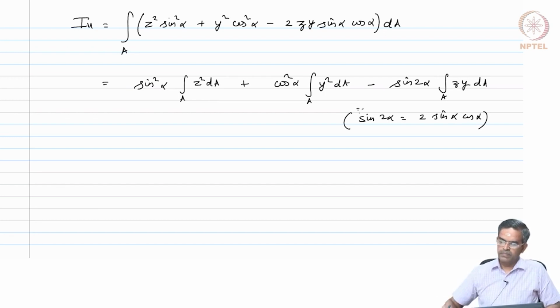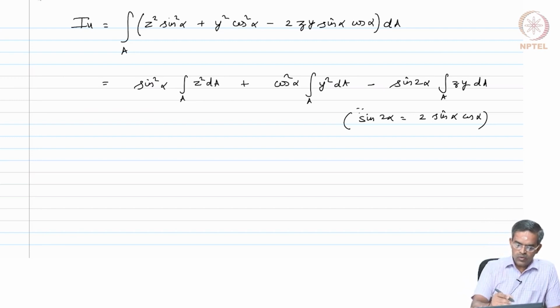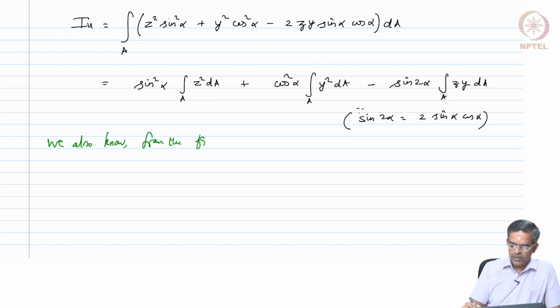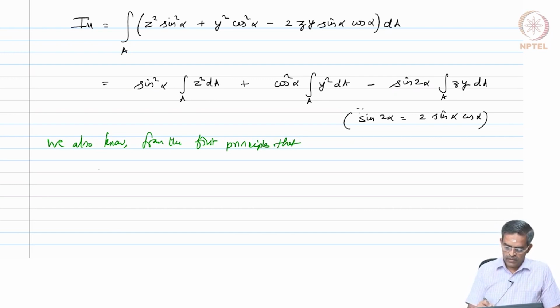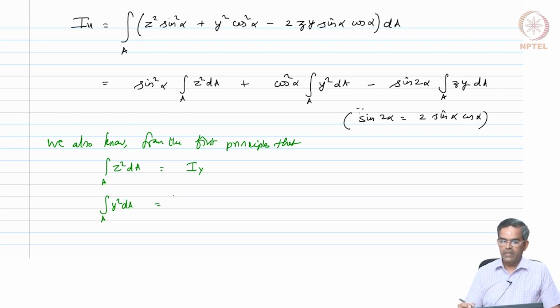We also know from first principles that integral Z square dA for the whole area A can be said as IY, and integral Y square dA for the whole area A can be said as IZ.